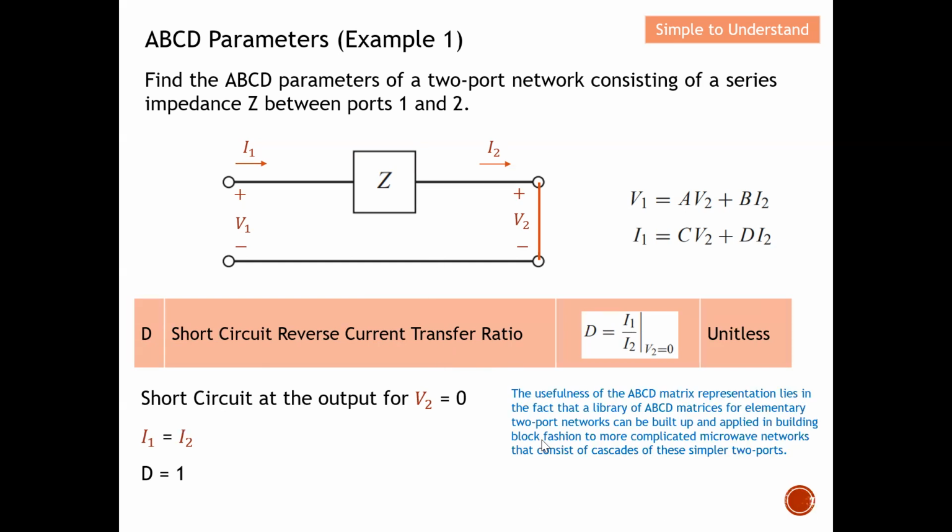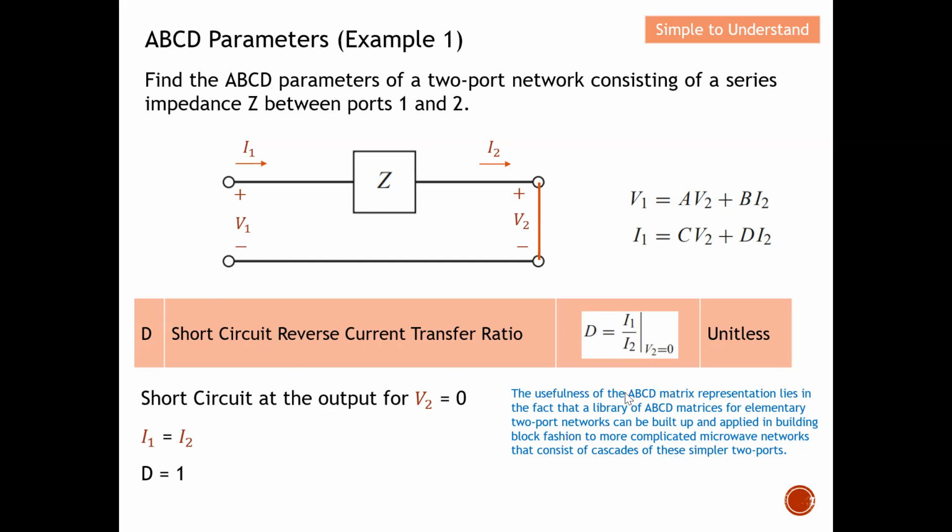Before I do example number 2, the usefulness of the ABCD matrix representation lies in the fact that a library of ABCD matrices for elementary two-port networks can be built and applied in building block fashion to more complicated microwave networks that consist of a cascade of these similar two-ports.